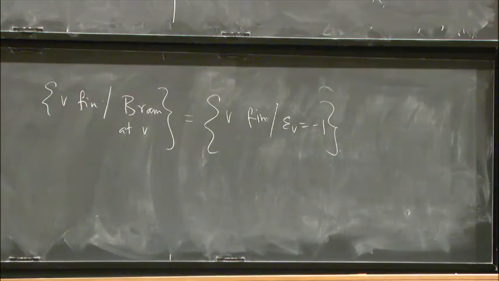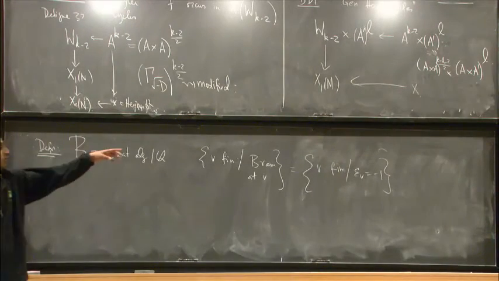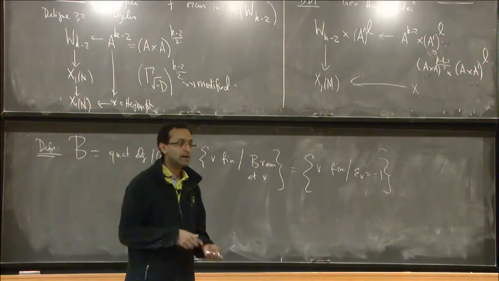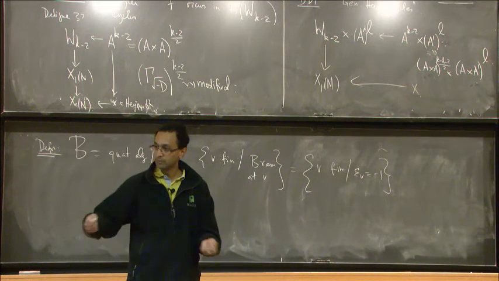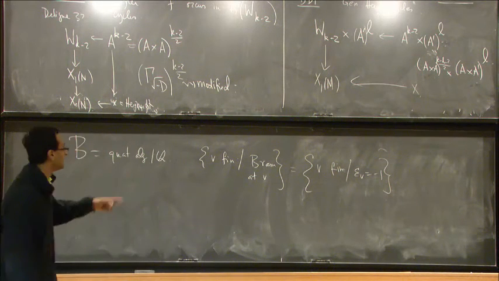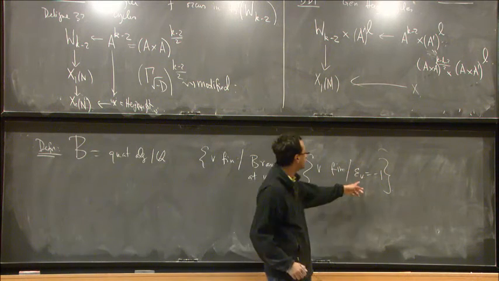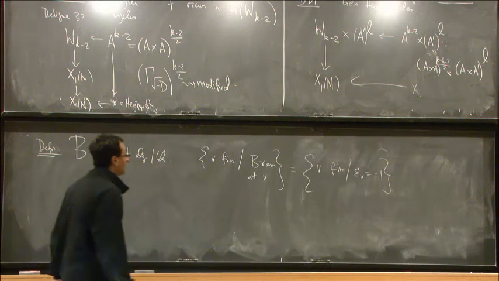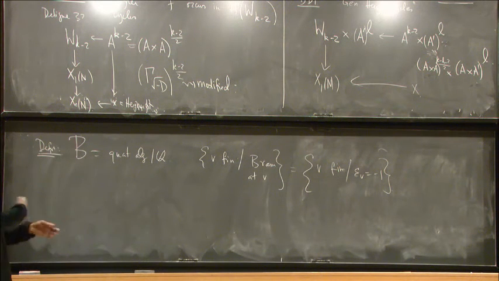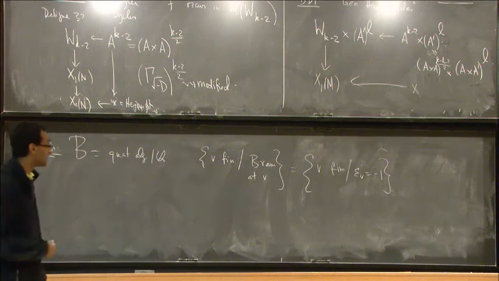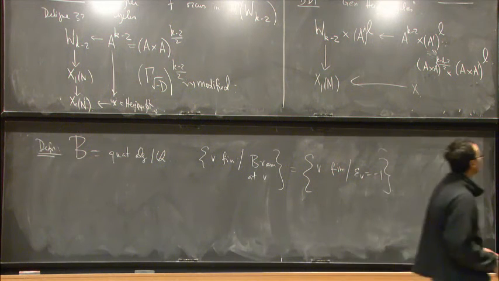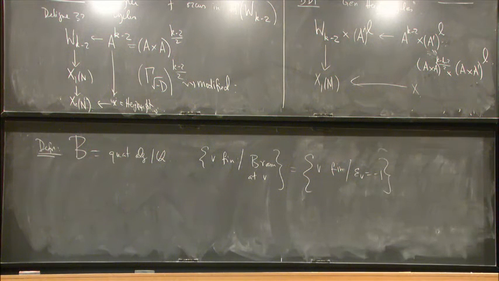I have the local signs epsilon v, so I make a quaternion algebra by telling you which finite places are ramified. I'm going to pick exactly those where the local sign is minus 1. And of course, the ramification at infinity is determined by whether you had an odd or even number of finite places where epsilon v is minus 1. So in each of these situations, you can define a quaternion algebra.